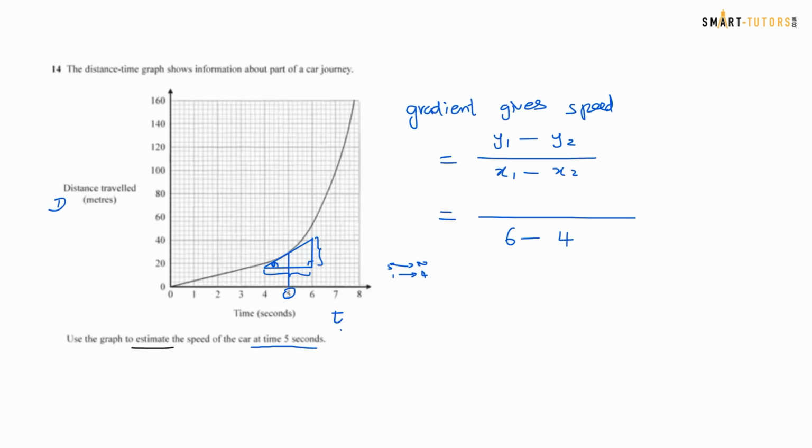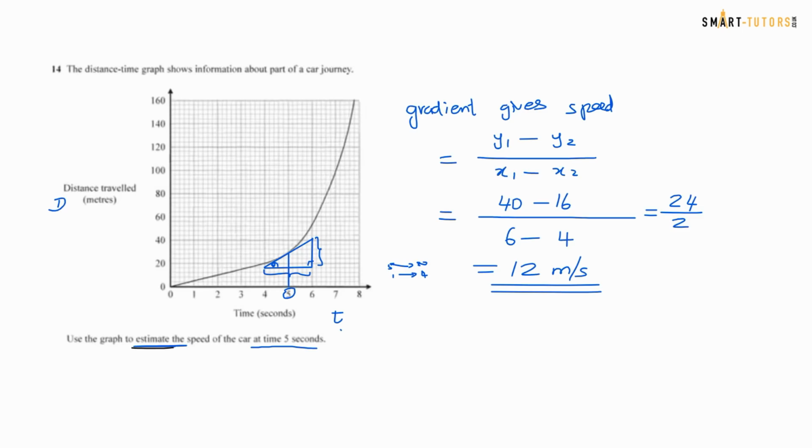So it is 16. So according to my diagram, it is 16. So 40 take away 16, and the answer is 24 over 2. So 12 meters per second.